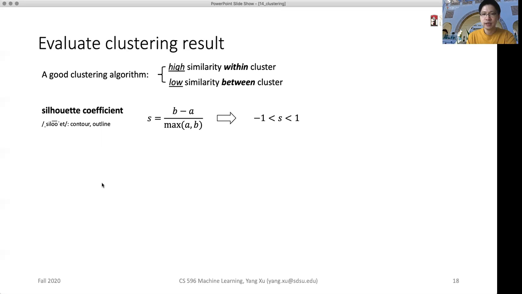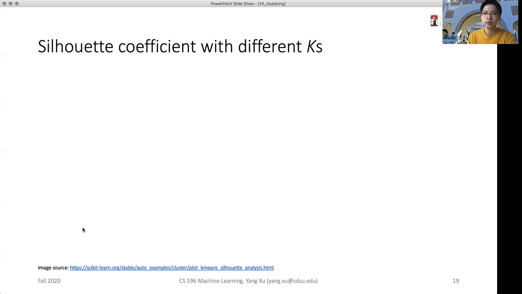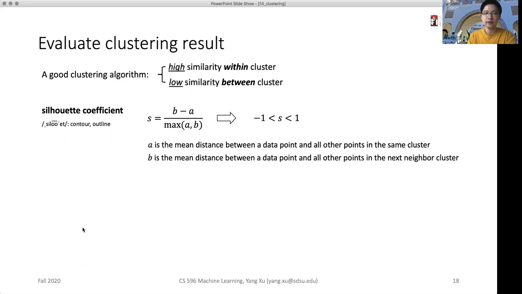The silhouette is between -1 and 1, and we want to pursue high silhouette coefficients. The lowercase a here is the within-cluster distance: the mean distance between a data point and all the other data points in the same cluster.